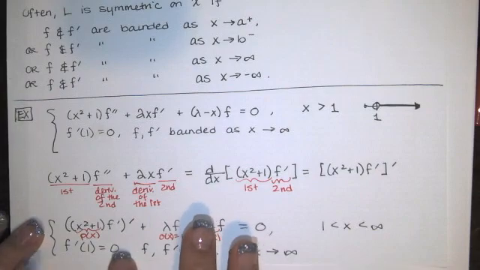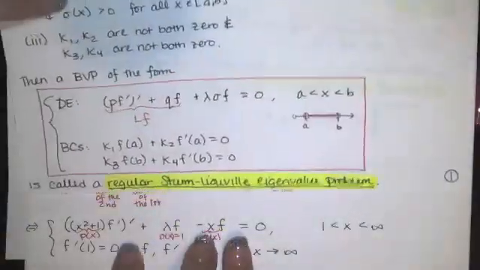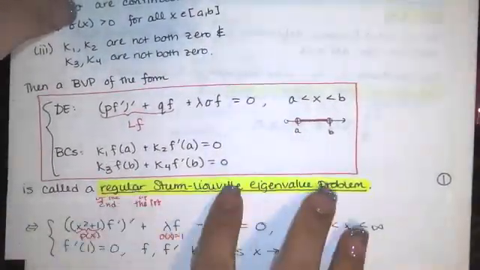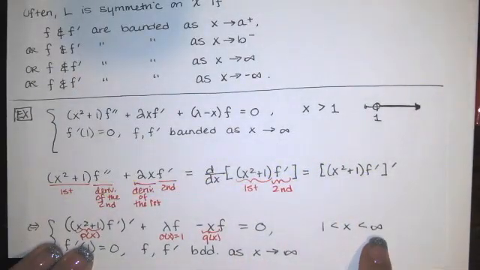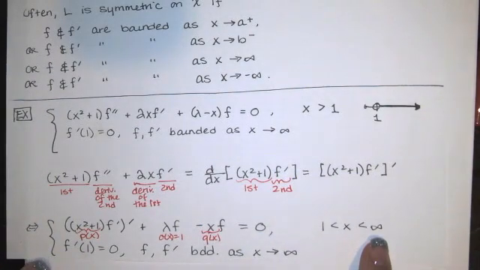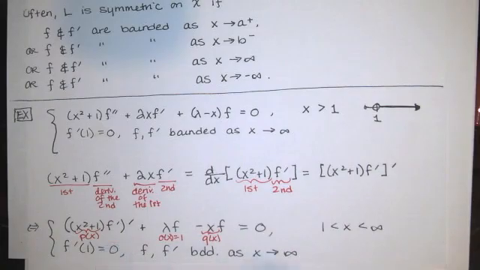This one on the left is just like a regular boundary condition, like the first boundary condition from the regular Sturm-Liouville problem. And this condition on the right deals with what happens as X goes to infinity. Okay, so that is our differential equation. I'm going to rewrite it one more time so it has the exact form that we want. Let's do this.